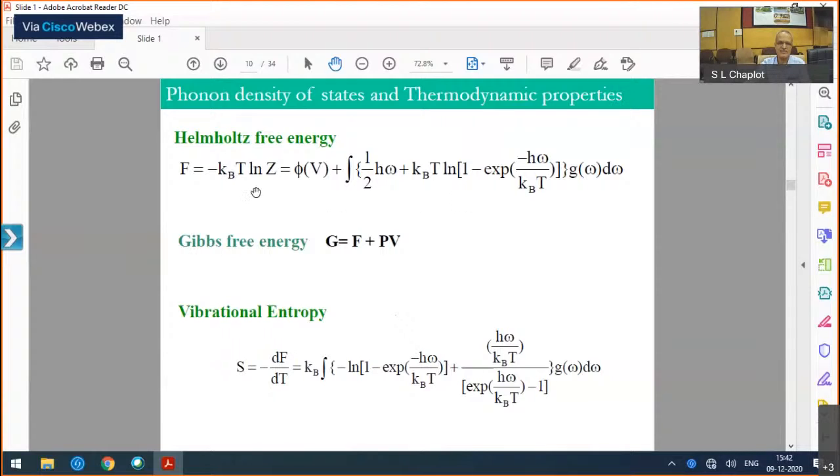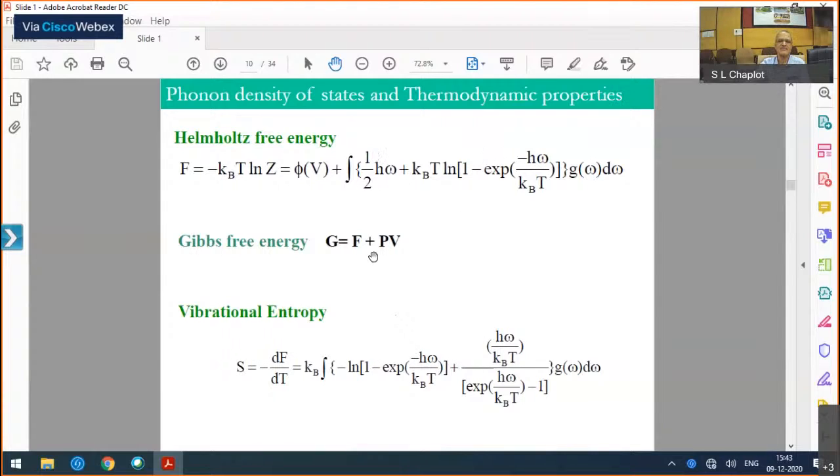So let's see what the components are here. You have the potential energy at equilibrium, which is essentially a function of volume or the specific lattice constants. Then you have the term coming from all the frequencies.